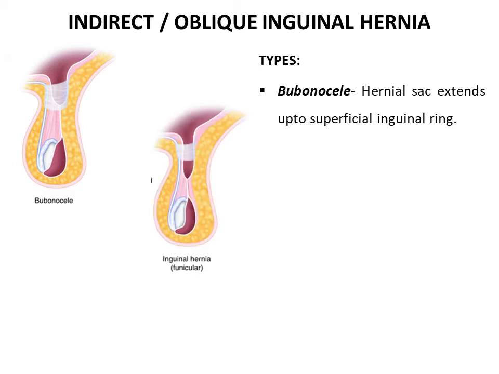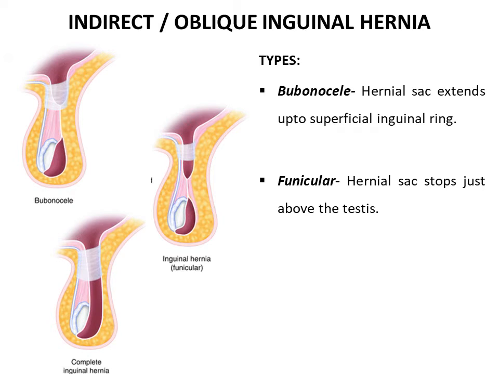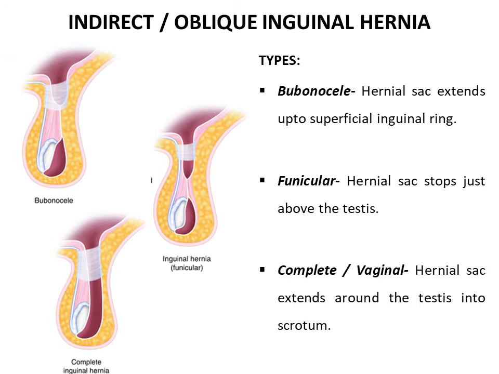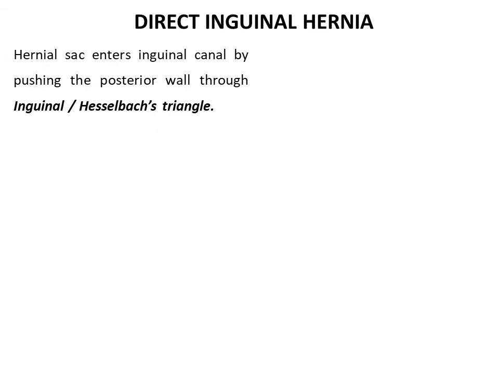The funicular inguinal hernia, that is, the hernial sac extends out of the superficial inguinal ring but stops just above the testes, which can be felt separately. The complete or the vaginal inguinal hernia, that is, the hernial sac will extend into the scrotum and around the testes.